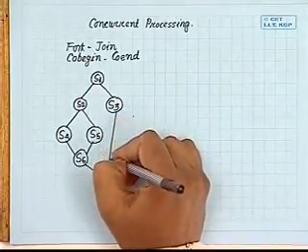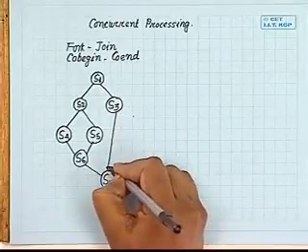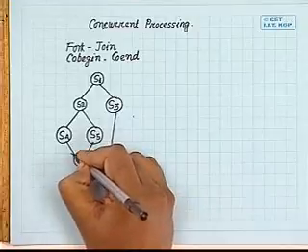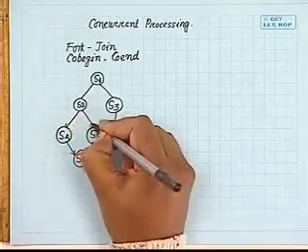So this is one of the precedence graphs that we had considered for writing a concurrent program using the fork join structure.